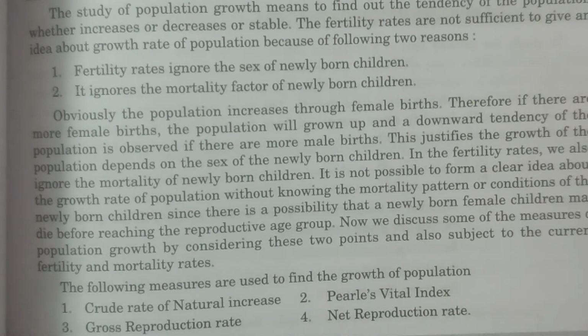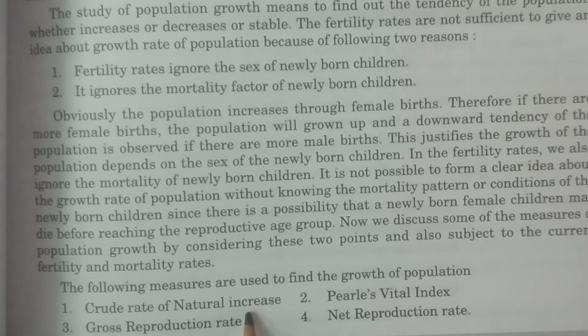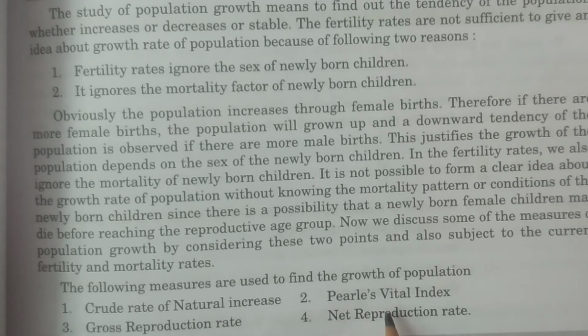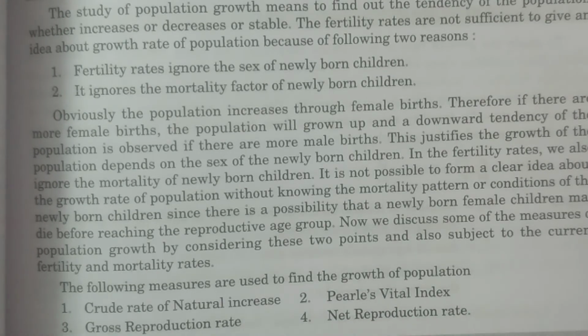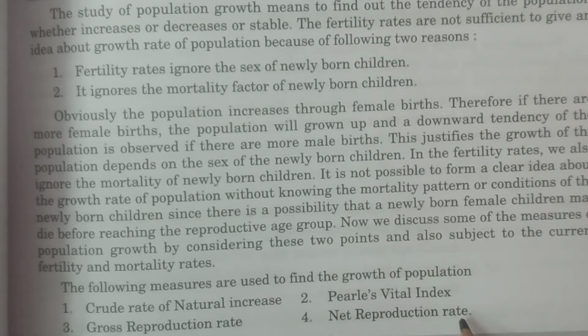There are 4 important measures: first, crude rate of natural increase. Second one, Pearl's vital index. Third one, gross reproduction rate. Fourth one, net reproduction rate.